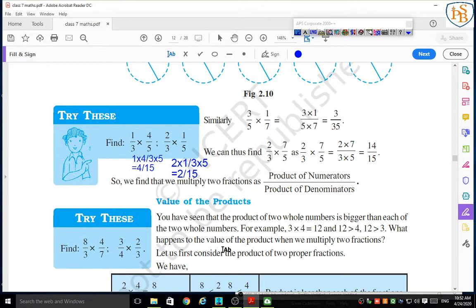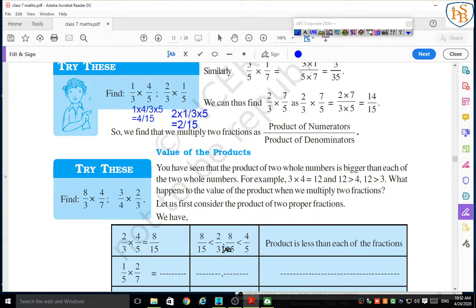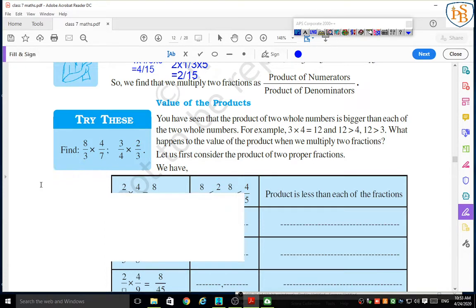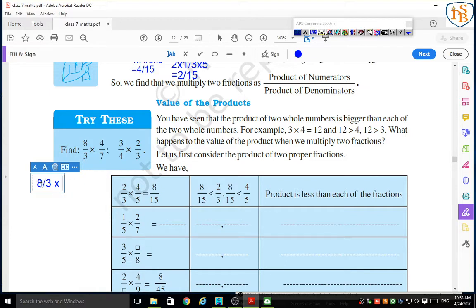Now the value of the product, look here carefully. First we have to solve 8 upon 3 into 4 upon 7. In this I write 8 4s are 32 divided by 7 3s are 21.